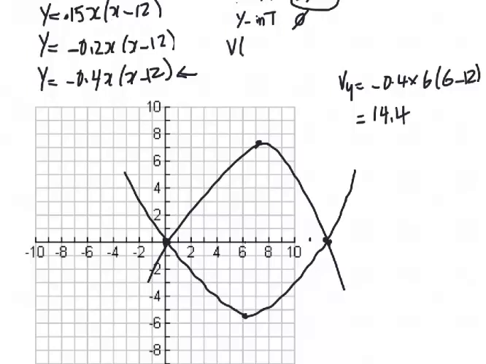So the vertex is going to have the coordinate where x is 6 and y is 14.4. So it's going to be somewhere around here. So this is going to be my curve.